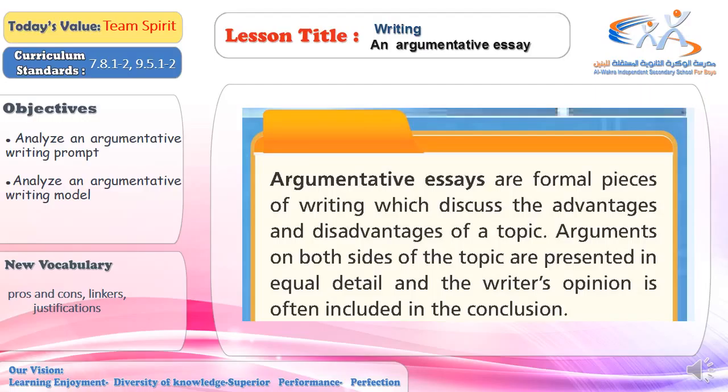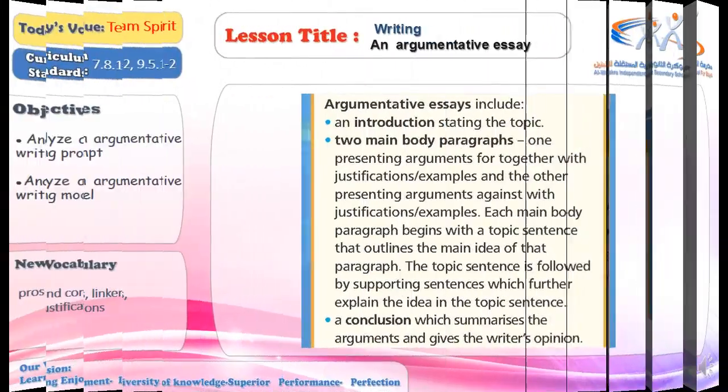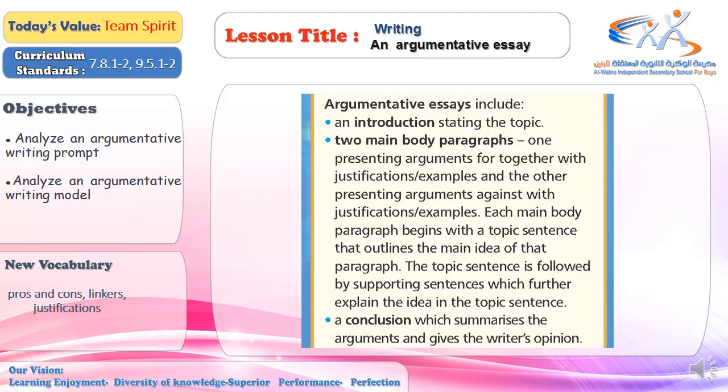Argumentative essays are formal pieces of writing which discuss the advantages and disadvantages of a topic. Arguments on both sides of the topic are presented in equal detail, and the writer's opinion is often included in the conclusion. Argumentative essays include an introduction, stating the topic, 2 main body paragraphs, 1 presenting arguments for, with justifications or examples, and the other presenting arguments against, with justifications and examples.